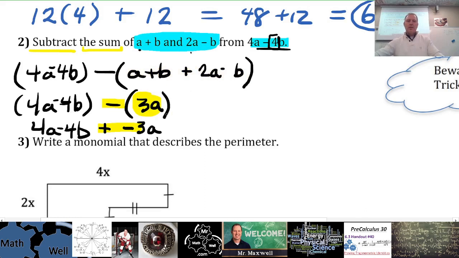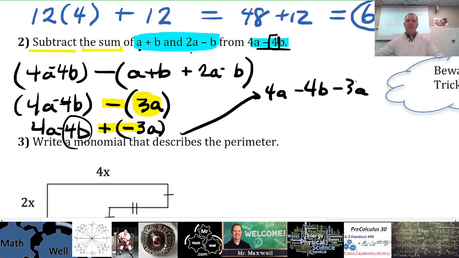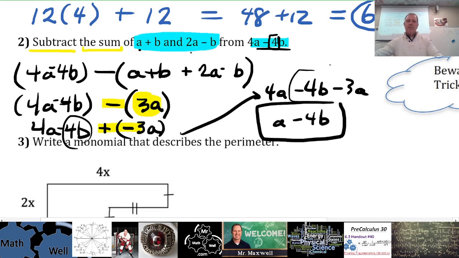This is still all the same. Okay, so this is the same, but we have to change this part. 4a minus 4b minus 3a. There we go. So now this is the part that has to change. So that's 4a, sorry, that's 1a when we simplify that, minus 4b. Okay, how's that now? Does that match the question?